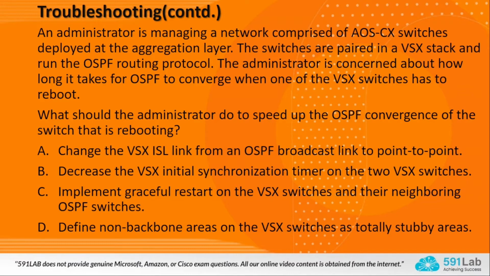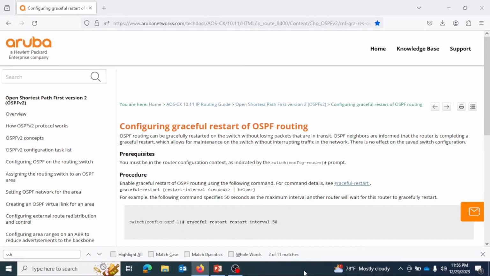Okay, the question is about OSPF convergence and how to speed it up. When you think of mechanisms to speed up OSPF convergence, OSPF graceful restart is the feature that comes to mind. Look at this Aruba documentation on graceful restart of OSPF routing.